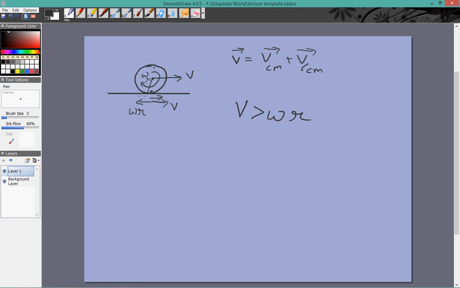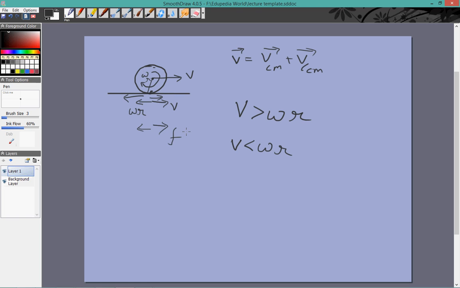In that case, the friction would be acting in the backward direction. However, if v is less than omega r, that means the net speed of this particle is in the backward direction relative to the ground, and obviously friction does not act opposite to motion, it acts opposite to relative motion. And if the relative motion of this particle is backwards, that means friction will act forwards.